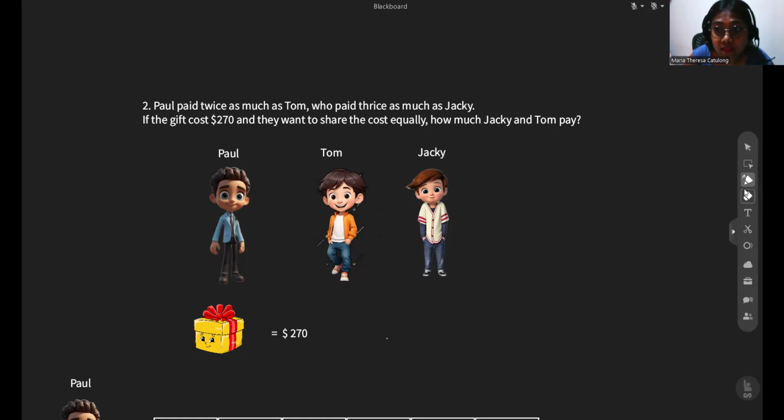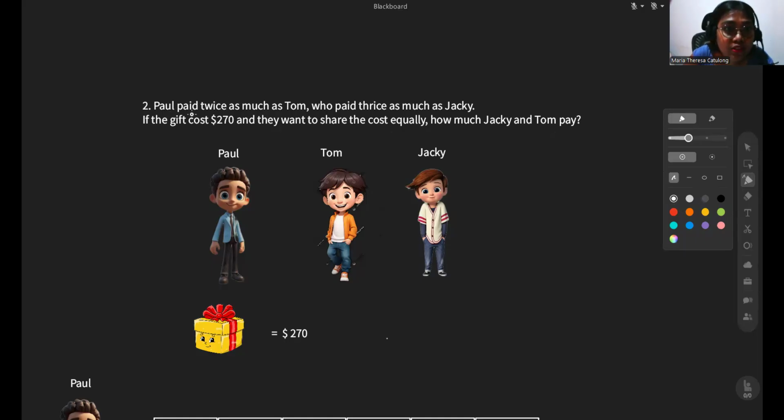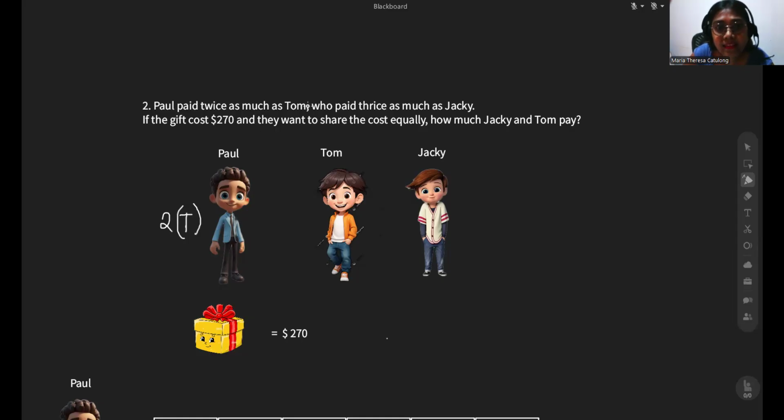Now let's try to understand the problem. Here in the statement, Paul paid twice as much as Tom. So if this is Paul and this is Tom, Paul paid twice as much as Tom. And Tom paid thrice as much as Jackie.